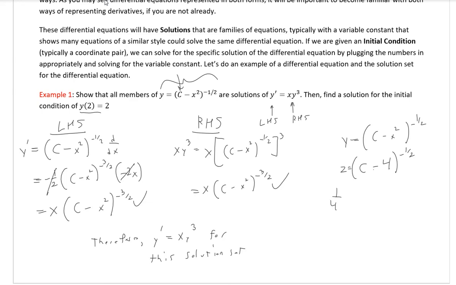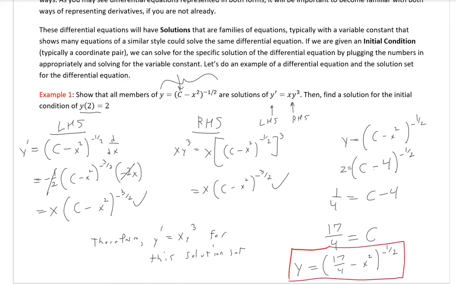We get 1/4 equals c minus 4. Add 4, which is 16 over 4, and we get 17/4 equals c. So we have y equals 17/4 minus x squared to the negative 1/2 as our solution. Nice and easy.